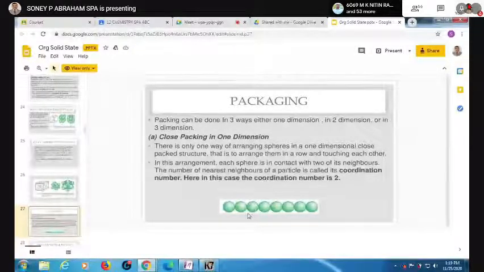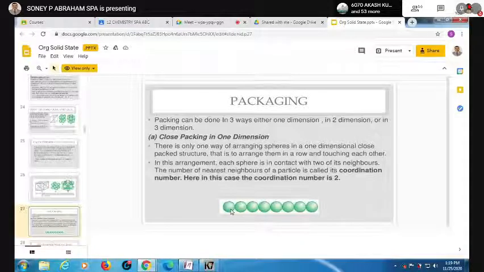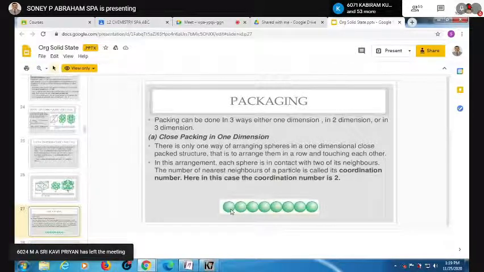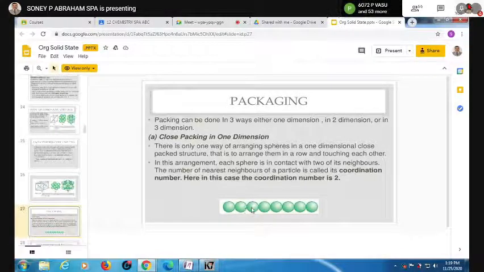So all the hard spheres will be arranged in 1 dimension in a line, where each ball is touching the other ball, so that you get a row of atoms. This is the arrangement in 1 dimension.